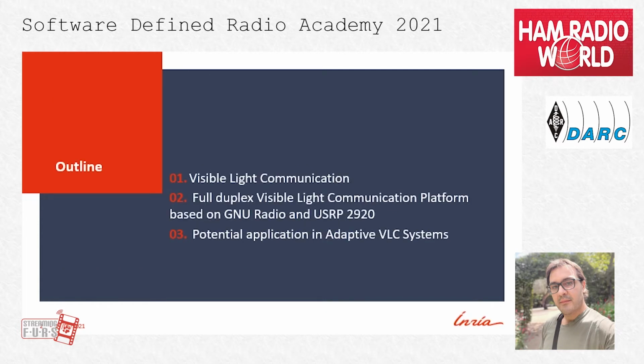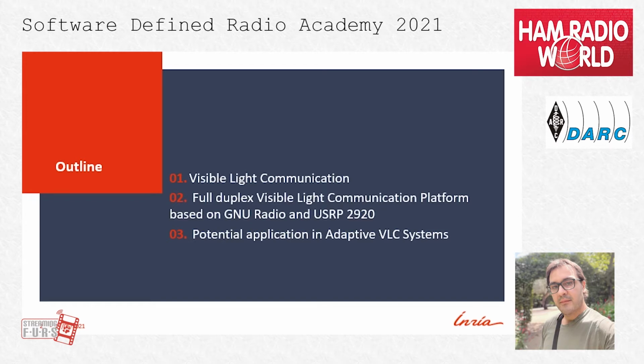This is the outline of our presentation. After a short introduction on visible light communication in general, I will provide you some details about our architecture, the components we used, and its implementation. At the end, I will introduce some possible applications which could be developed with our system.